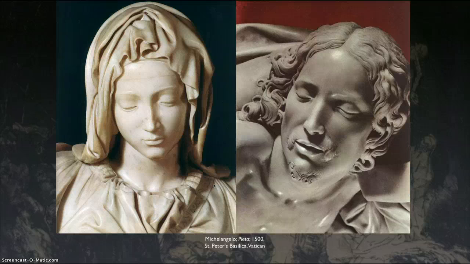So the story says that Michelangelo came into the church after hours, late at night. Some say that he broke in with his tools, and he, in one night, wrote, "Michelangelo Buonarroti, a Florentine, made this." And really it was lifting himself up, but it's the only time that he created anything with his name on it.